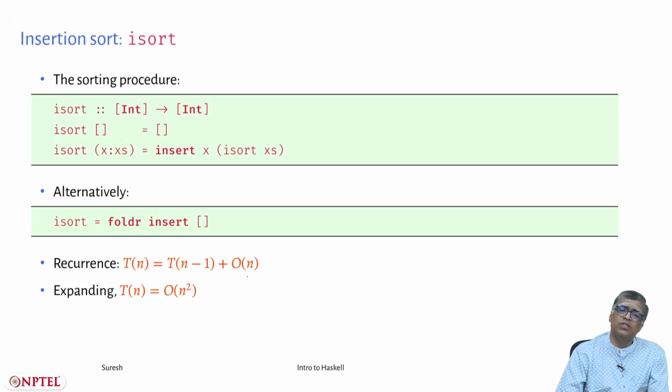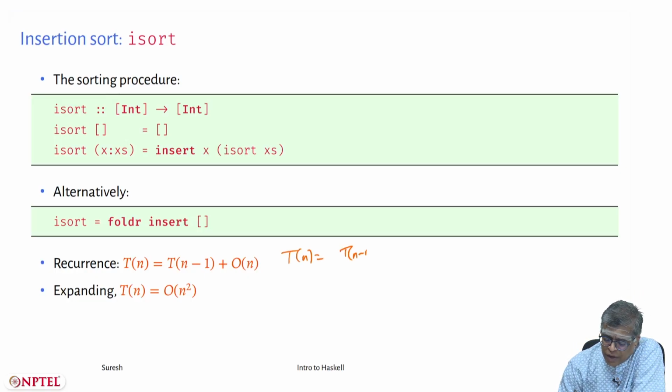But if you expand this, you will get order n squared, right? Because T of n is T of n minus 1 plus, as I said, 5n, but let's just be generous and say 10n.